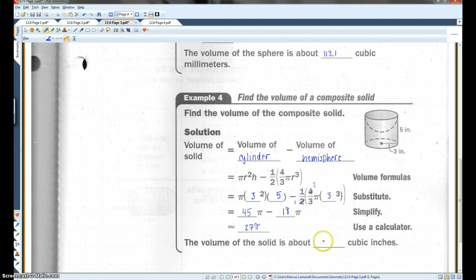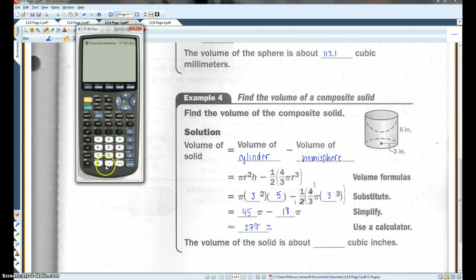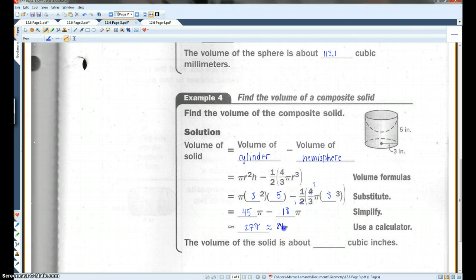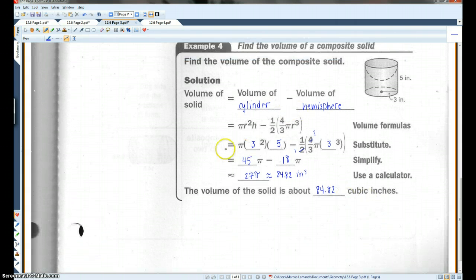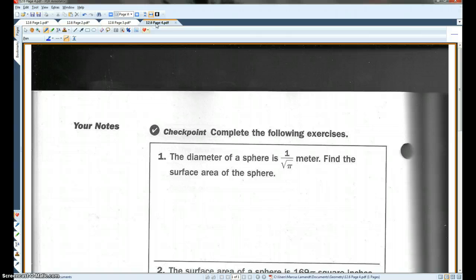That is approximately 84.82 inches cubed. So the volume of the solid is about 84.82 cubic inches.